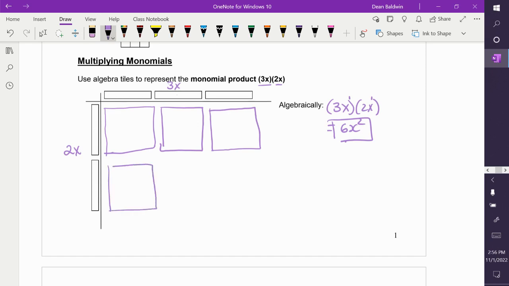Everything gets sort of multiplied together, and I'm putting multiplied in quotes. How many squares do I have? Are they positive or negative? It's 6x squared. So when you are taking rectangles and multiplying together, you're generating the area of a square, x squared.